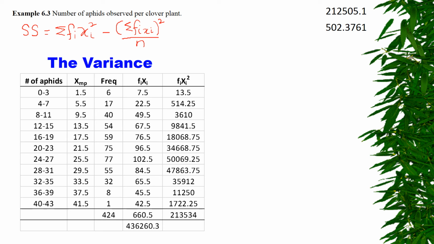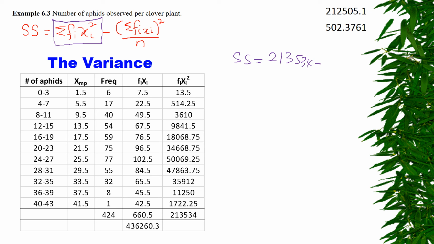First thing first, you need to get the sum of square here. So first you need to know the summation of F1x1 square, which means that the total will be 213534. This one we get straight away: 213534, and then minus 2 Fixi.